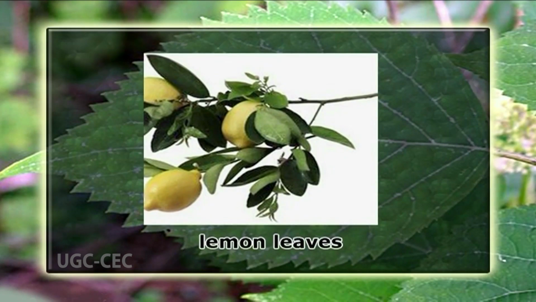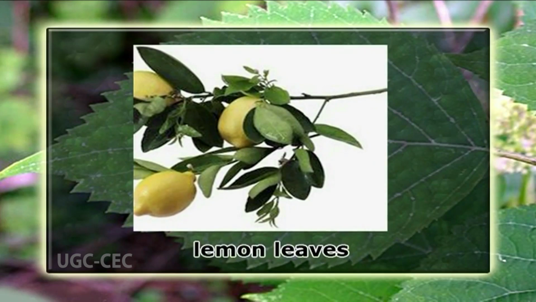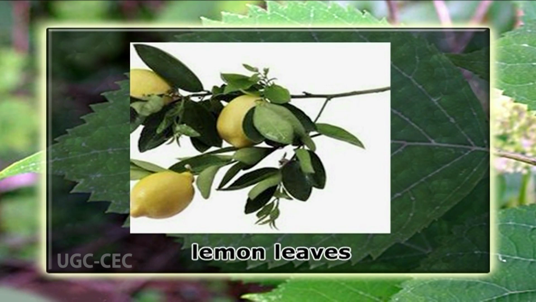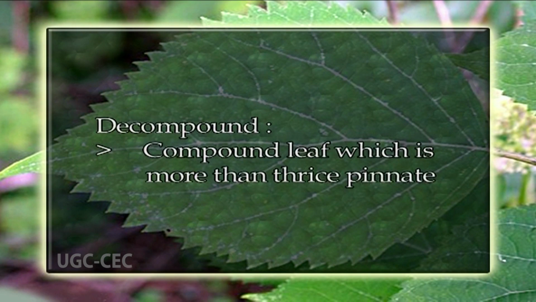That is, the secondary axis produces the tertiary axis which bears the pinnules. For example in Moringa. Now, decompound. It is a compound leaf which is more than thrice pinnate. For example in carrot, fennel, coriander, etc.